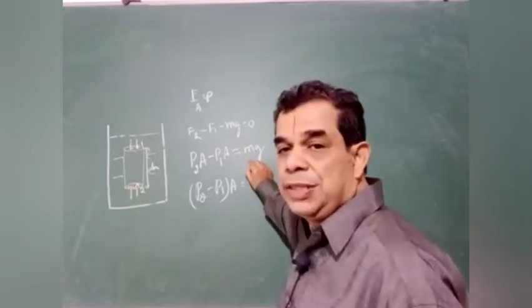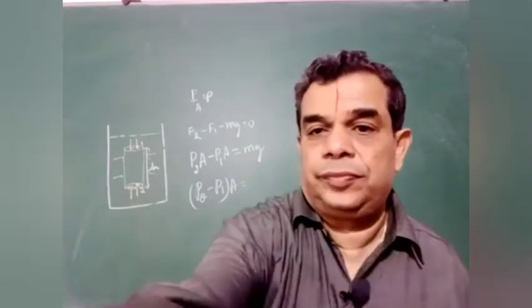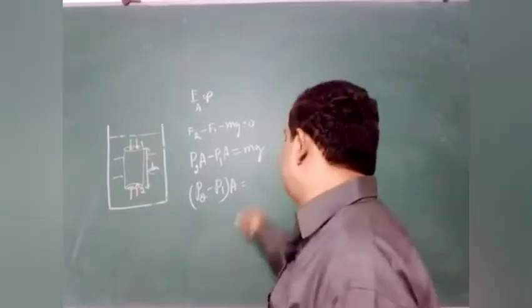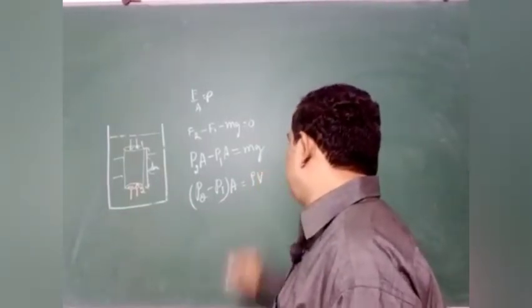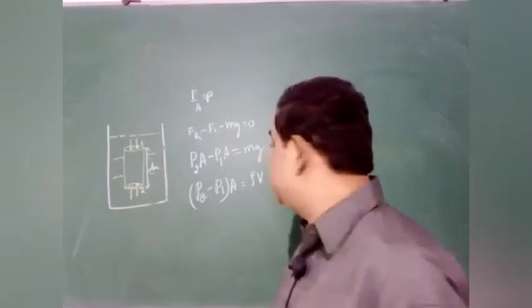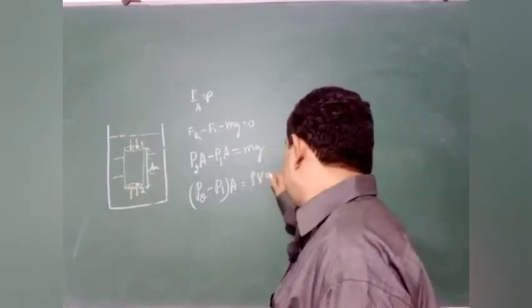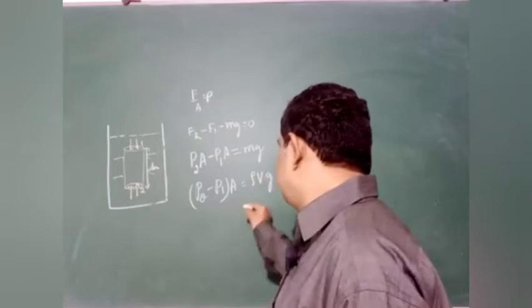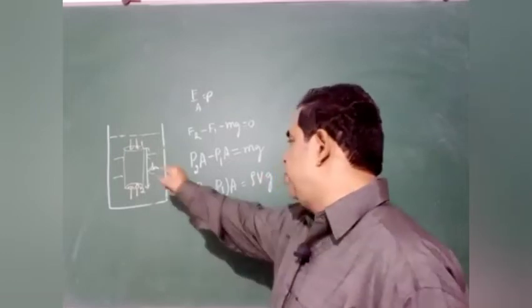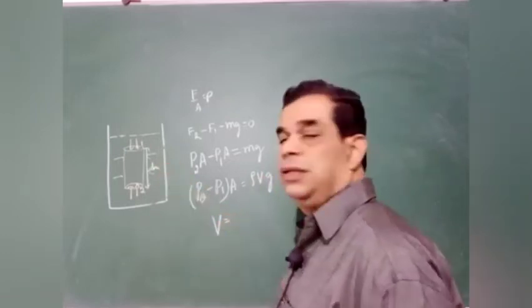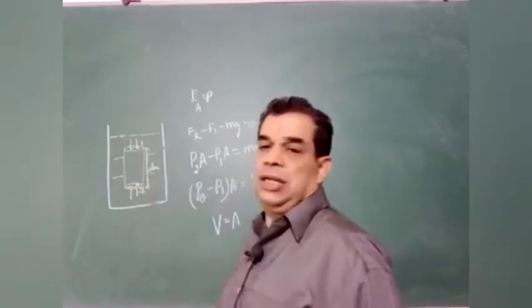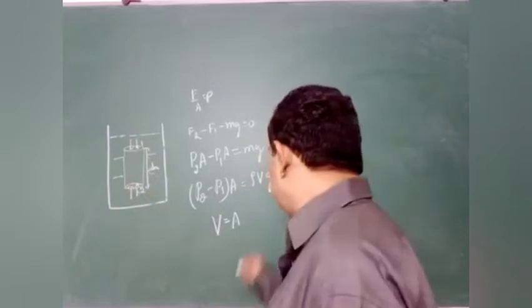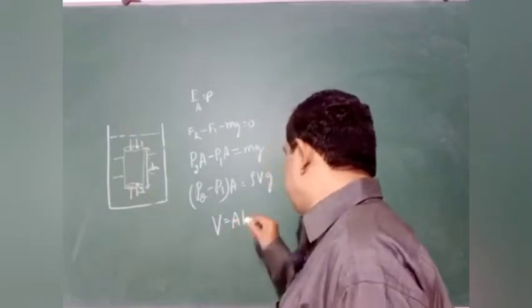Mass by volume is density. Therefore, mass is rho into volume, where rho is density, volume is V, times g. And we know the volume of this right circular cylinder can be written as area A into H, the height.